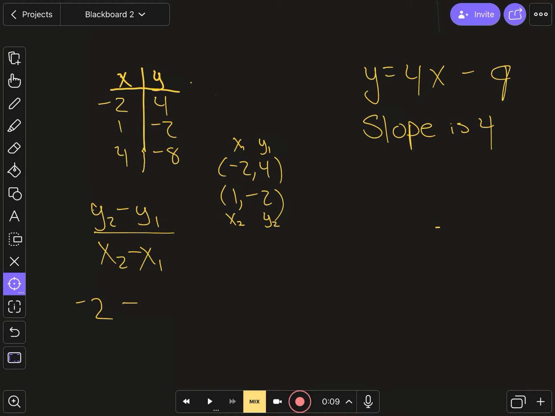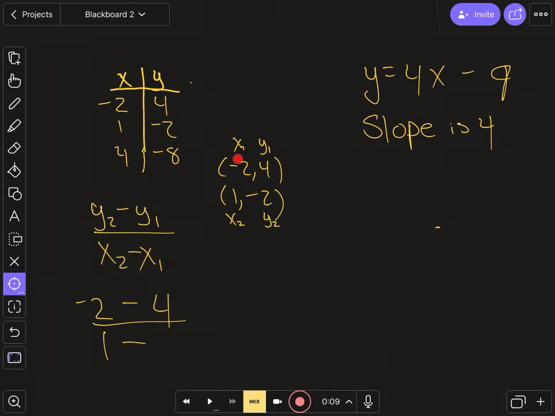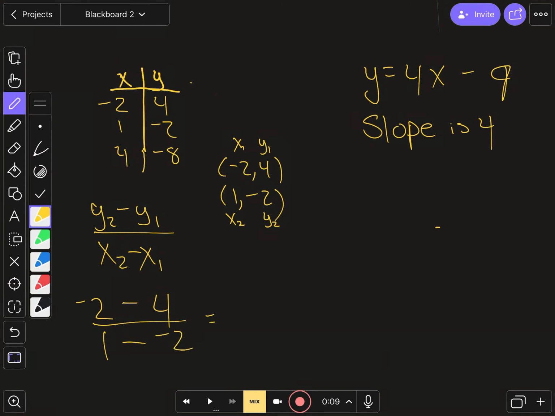So it's -2 minus 4 divided by x2. Here's my x2, it's 1. So I'm going to put this 1 into the x2 minus my x1. My x1 is -2. I'm going to put that -2 right here, minus -2.